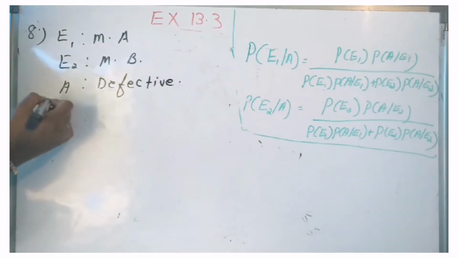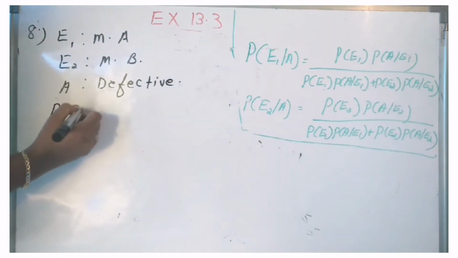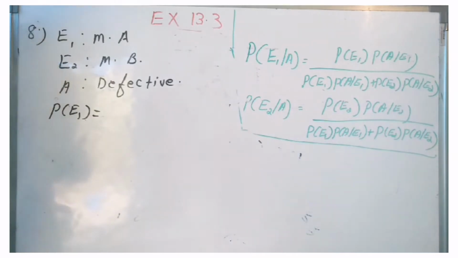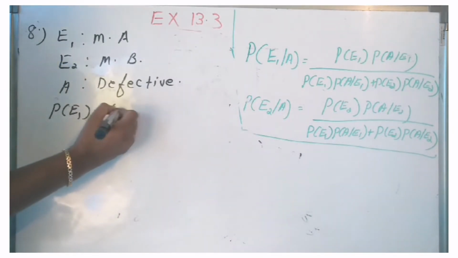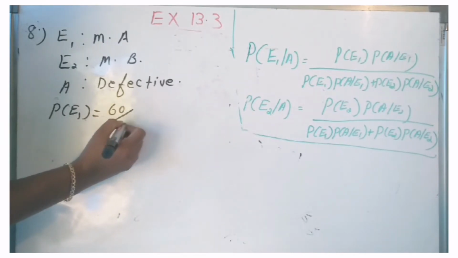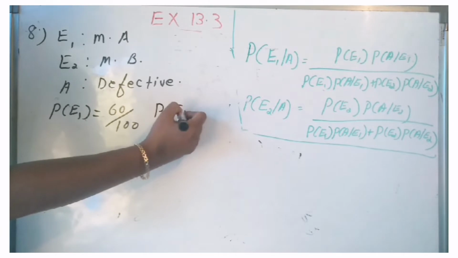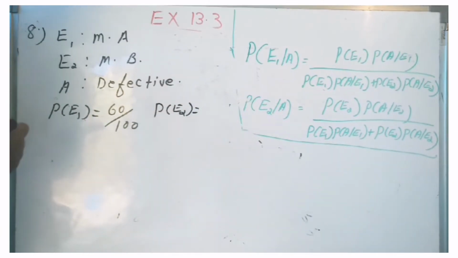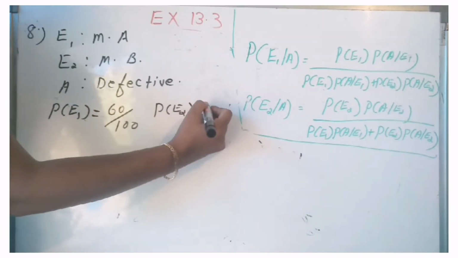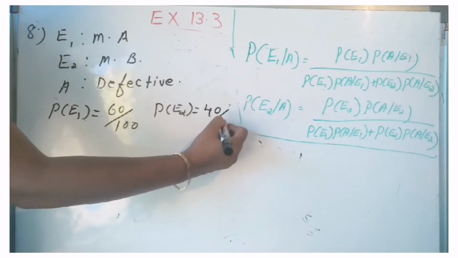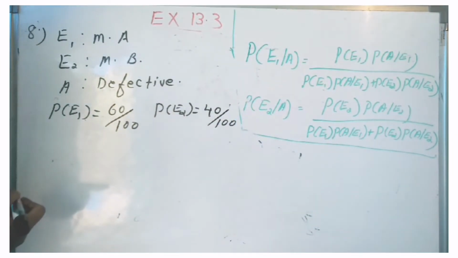Now P of E1 is given in the question, machine A produced 60% of the items, so 60 divided by 100. And P of E2, machine B produced 40% of items, so 40 divided by 100.